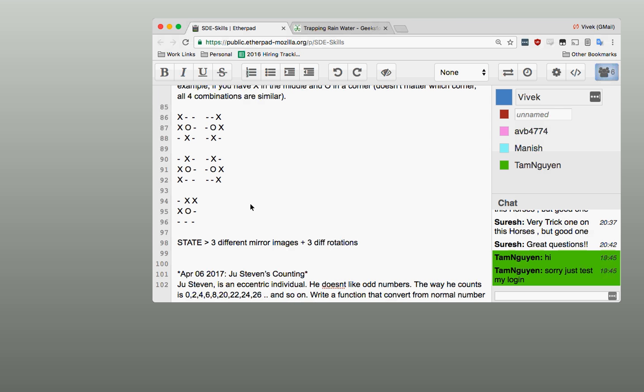The 3 different rotations are just 90 degrees each? 45 degrees is not possible, right? In tic-tac-toe you will have to rotate it orthogonally anyway. It is a 3 by 3 grid and it has to remain 3 by 3, so you can't have weird 45-degree angles. That's true. Yeah.